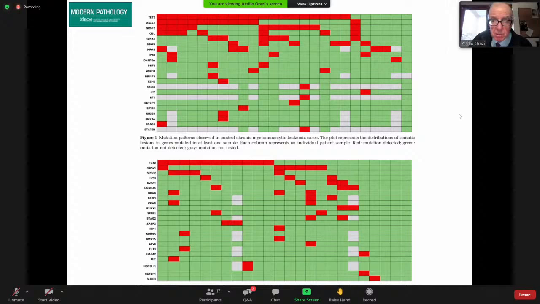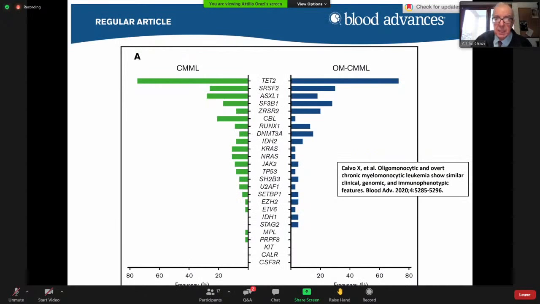And this was confirmed by an elegant study, very much better than ours, done later, of course, by a Spanish multicentric group. And as you can see, they carbon copy each other. This is a large database of cases published in Blood Advances, and the frequency of mutation is basically the same.